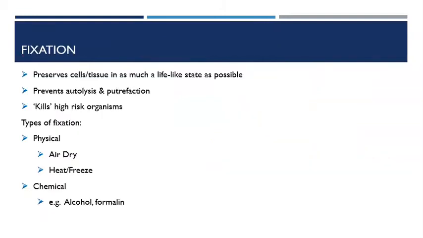So I mentioned fixation in the last slide. Fixation is just a way of preserving the sample for as long as possible. This also kills the cells because what we're dealing with here is things like alcohol and formalin. We can air dry the cells, so we are killing the cells and also killing the high risk organisms that could also be in there.